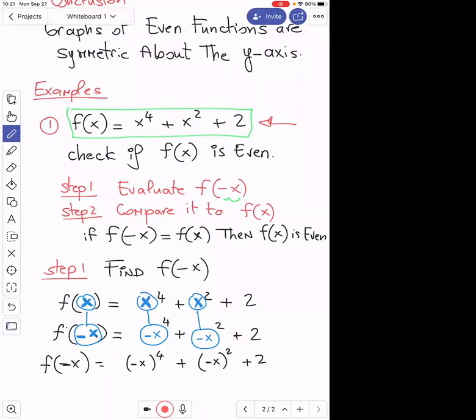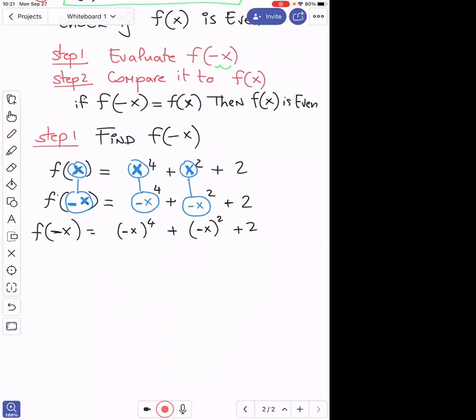Now, we have negative x to the power 4, just to remind you right here. This is negative x multiplied by itself 4 times: negative x times negative x times negative x times negative x.